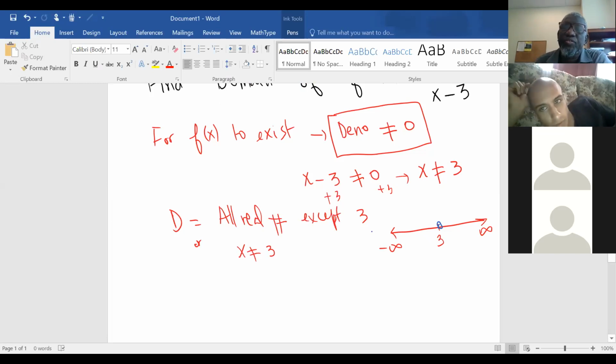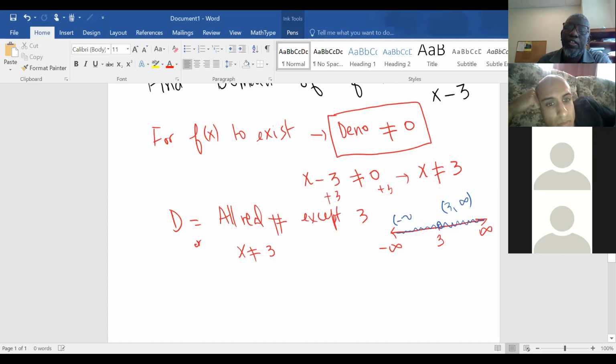3 comma infinity in brackets. 3 comma infinity, right? So when you say 3 comma infinity, you're just describing this one right here. We would say negative infinity, 3. Exactly, here we have 2 pieces, right? We have 3 comma infinity, but also negative infinity comma 3. The only number we don't want is the number 3, but everybody else we do want.